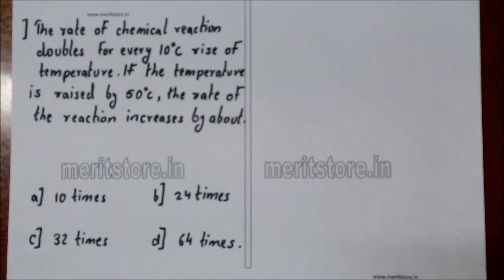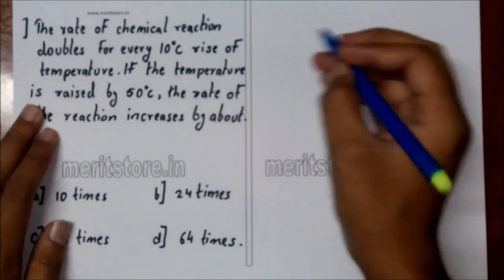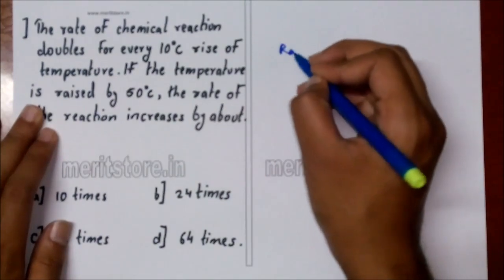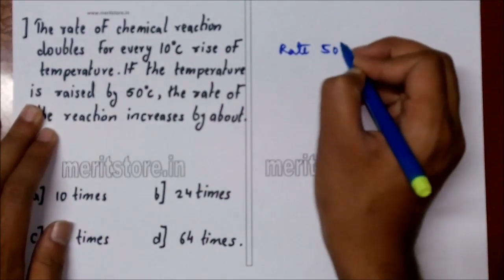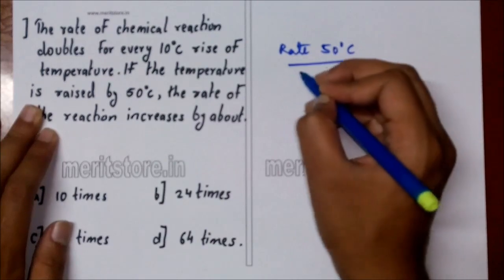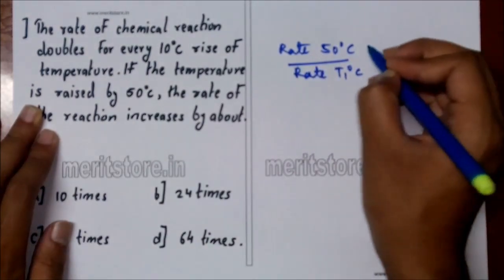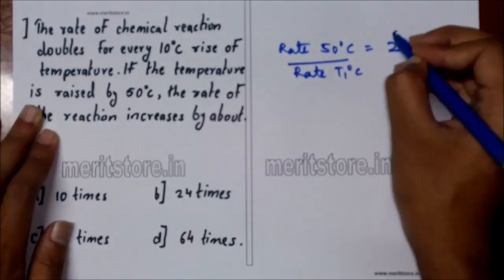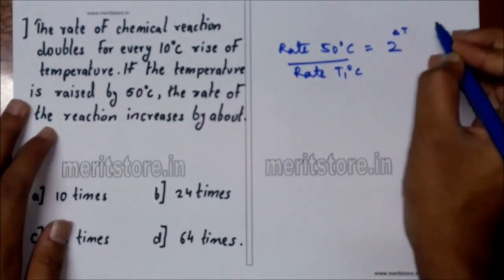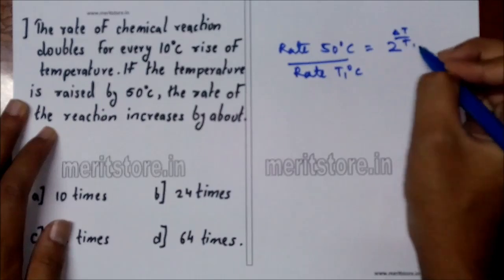So our next question is, the rate of a chemical reaction doubles for every 10-degree rise in temperature. If the temperature is raised by 50 degrees, the rate of reaction increases by about? The rate at 50-degree rise in temperature upon rate at T1 is equal to 2 raised to the change in temperature upon T1.